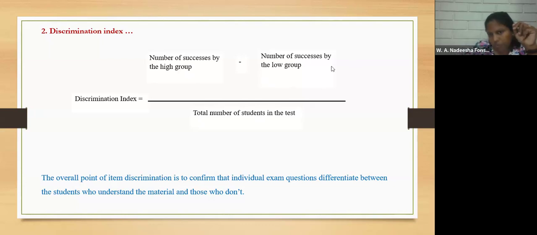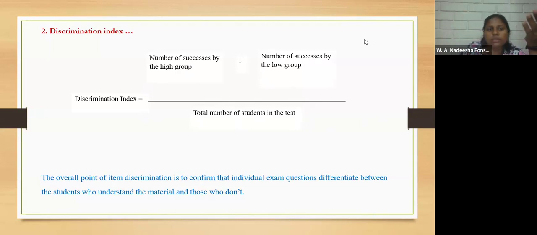Then the number of successes by the low group: there are 35 students who got low marks, and among them there may be some who gave the correct answer for the fifth question. That number comes here. We divide it by the total number of students in the test, which in this example is 50.